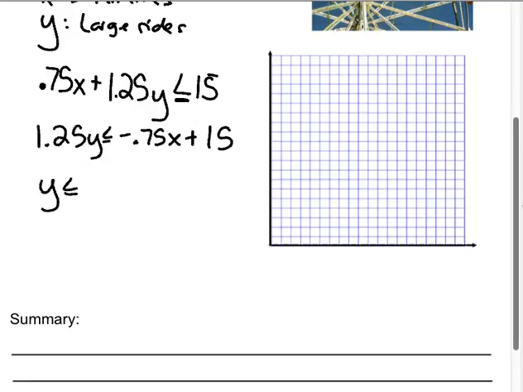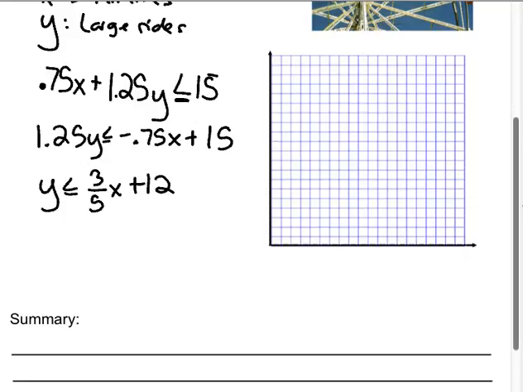So negative 0.75 divided by negative 1.25, that's going to be 0.6 or 3/5 x. Okay, same thing. And then 15 divided by 1.25 is going to be 12. So now I have the y by itself.